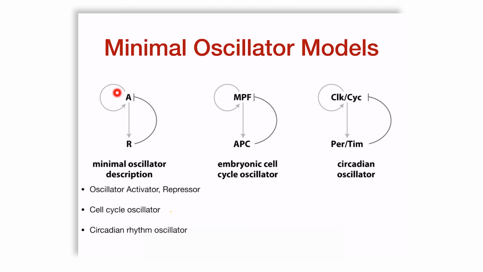This is a negative feedback loop with auto activation. This can be used to describe either the embryonic cell cycle oscillator or the circadian oscillator. This is really surprising because these are very different kinds of phenomena. But the timescales of biological clocks can be described by these simple feedback models fairly well.